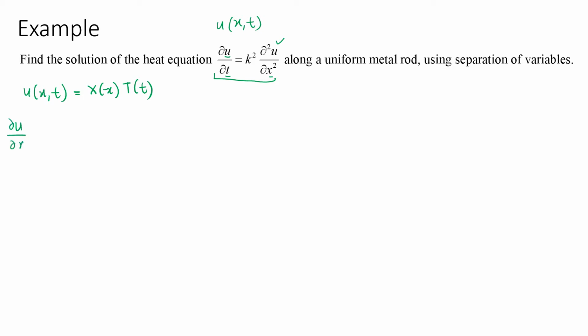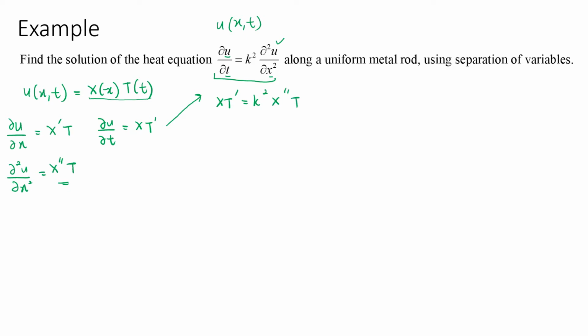Del u over del x is X prime T, and del squared u over del x squared is X double prime T. For del u over del t, when we differentiate X and T with respect to t, we get X T prime. So we substitute into the PDE: del u over del t equals X T prime, which equals k squared del squared u over del x squared, equals X double prime times T.